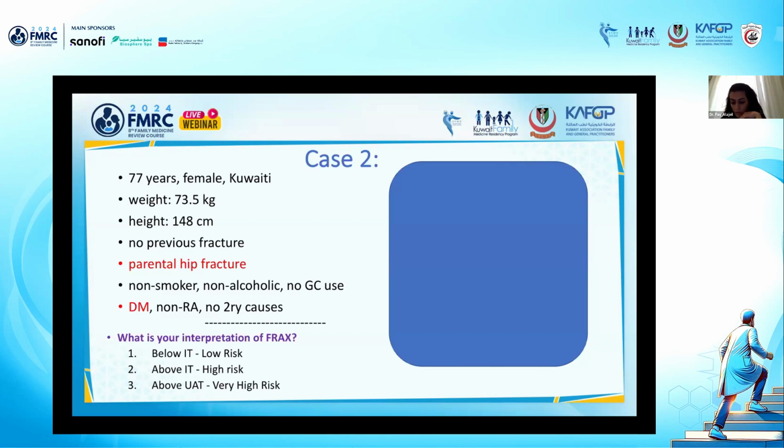You will use the first one, select BMD, so that no value is used. Okay, so above intervention threshold, let's see.